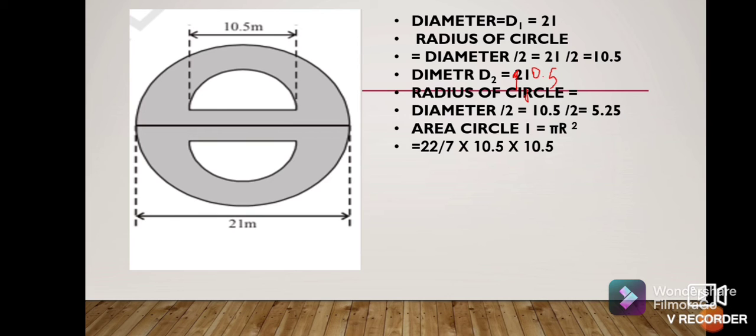Now you have to find actually the area of the circle only. Why? Because here the semicircle below the line is simply half of the circle, and above is also a half of the semicircle. By combining these two, we'll get what? Again a full circle.